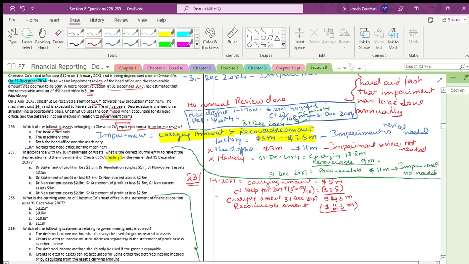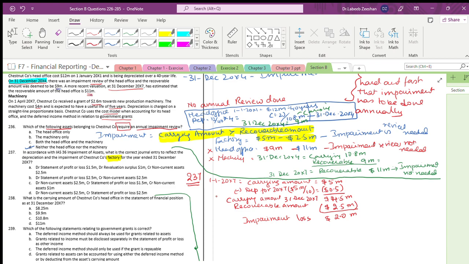So how much is the loss? 2 million. This is the impairment loss. Fine, the 2 million.